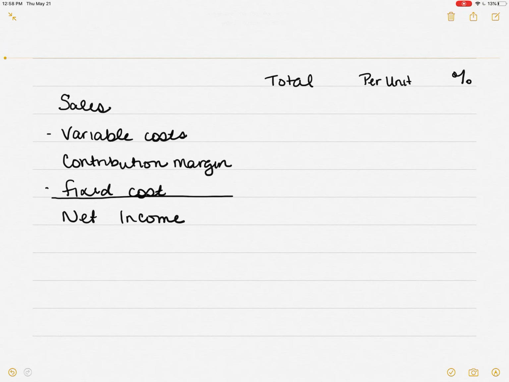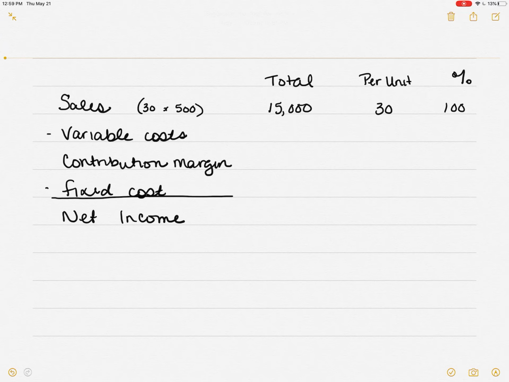That last sentence under the bullet points tells us we want to charge $30 per person and we expect to sell 500 tickets. So in total, that would give me $15,000 in sales. On a per unit basis, it would be $30. And as a percentage, we always take this as a percentage of sales. So sales will always be 100%.